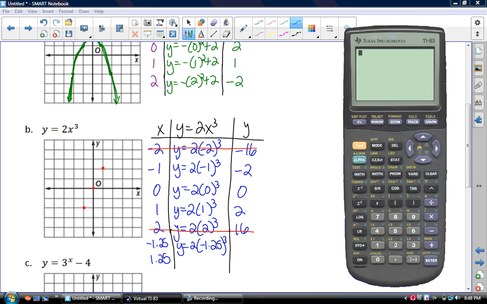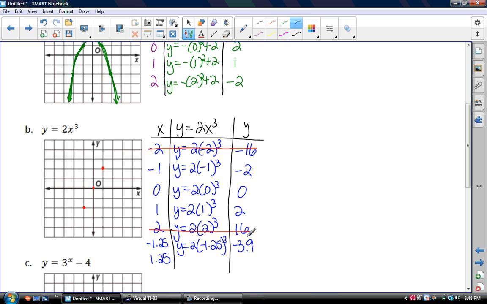We have 2, and then in parentheses, -1.25 to the third. It comes out to about -3.9 if we round that off. And here, it does not have to be exact, because you're not going to be able to get the exact point of this on the graph anyway.